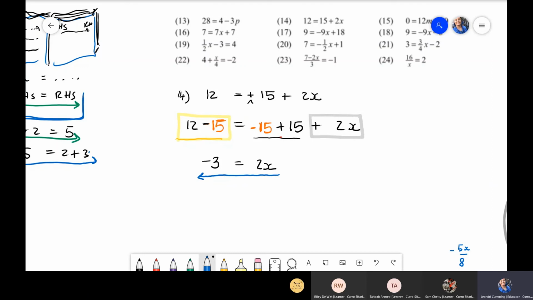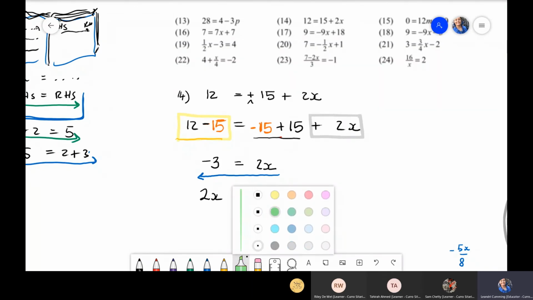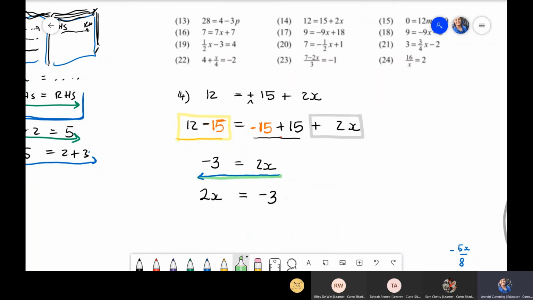You're merely indicating the direction, okay? So this is in fact the same as 2x being equal to minus 3. Now this is where your comfort level is tested. You will need to find your choice, your level. Do you continue there or do you do your swap around and continue like that, okay?